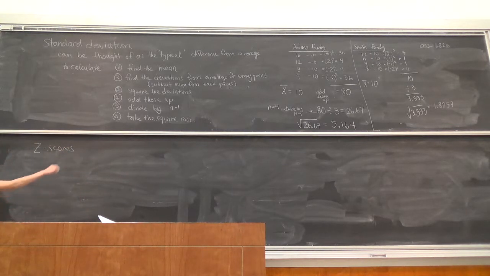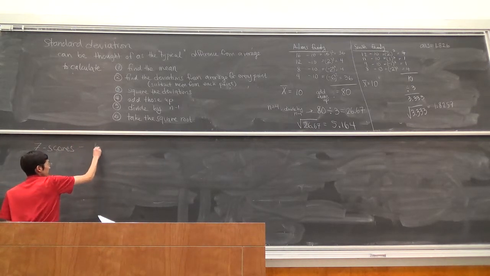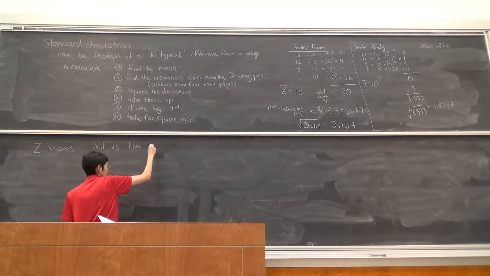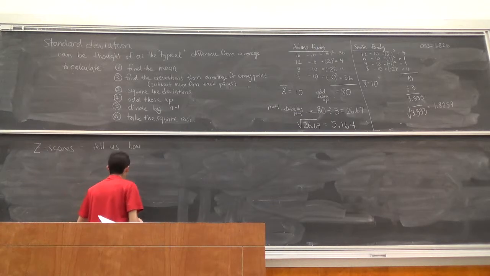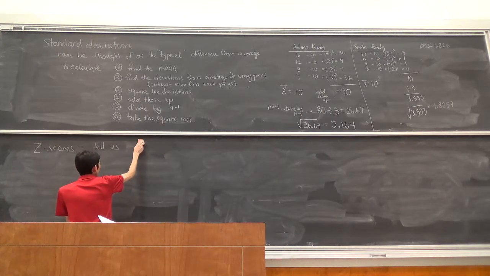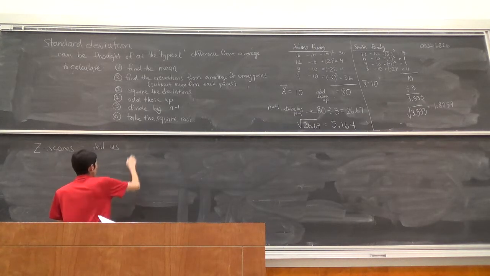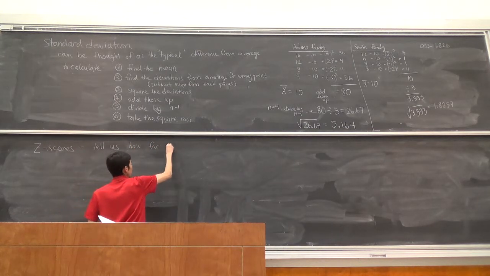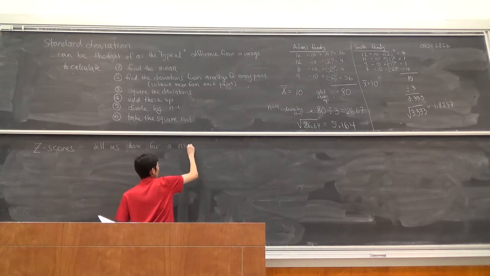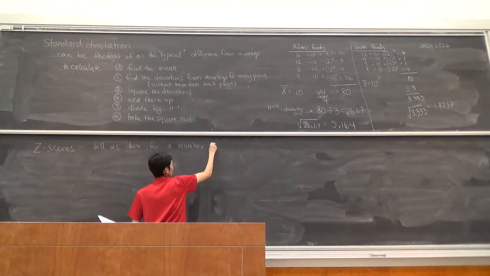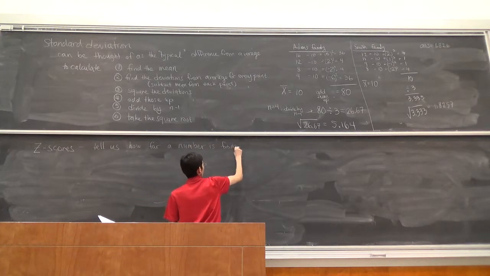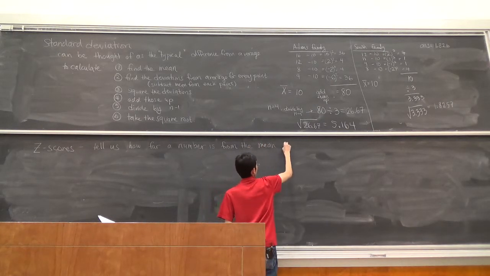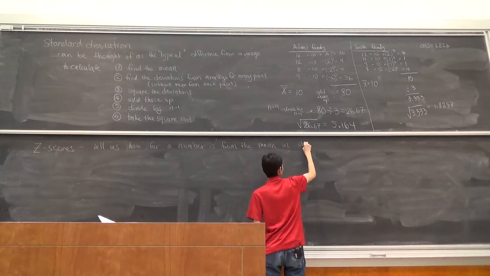So z-scores tell us how far a number is from the mean in standard deviations.